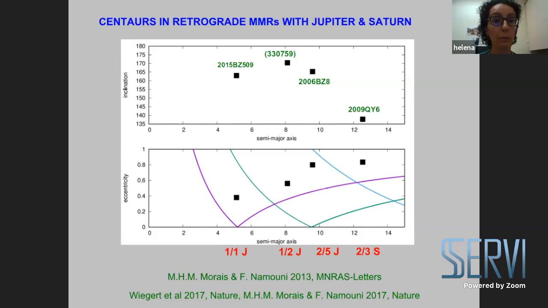So they all have retrograde inclinations. And we also have an object which was more recently discovered, which is in the 1-1 retrograde resonance with Jupiter. It's a co-orbital of Jupiter, but on a retrograde orbit. Next slide.